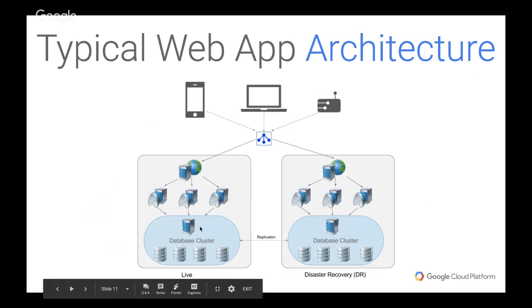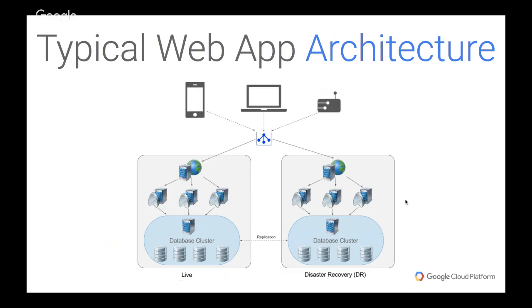You can have a master database and slave databases, with replication in case of disaster recovery, so if the first network goes offline, you can automatically bring the other network online without any issues. That's the typical web architecture.